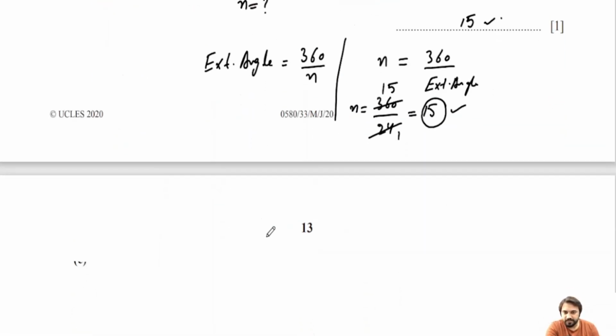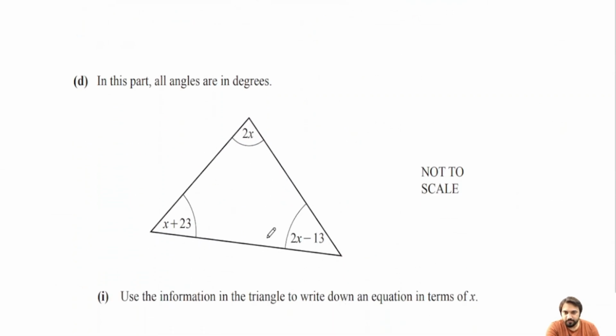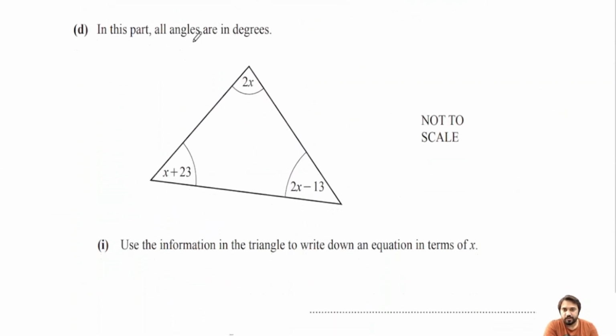We have its D part as well. The same question. In this part, all angles are in degrees. Use this information in the triangle to write down an equation in terms of x. So we just need to write down the equation, and we are not going to solve it, because it is written that write down an equation in terms of x only.